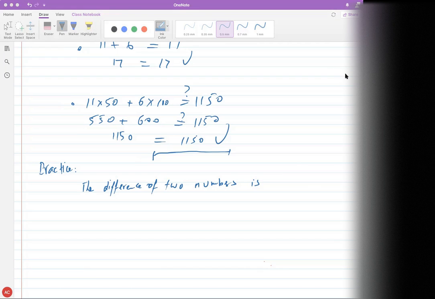All right, let's say we have 2 numbers here. And let's say the difference of the 2 numbers is -9.